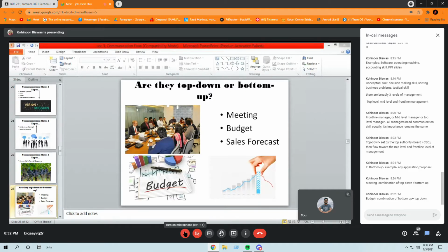The department will propose to the board and vice chancellor level, and then the top authority will approve it, and then the budget will be available to the department for use. So you can understand that budget is also a combination of bottom up and top down communication.